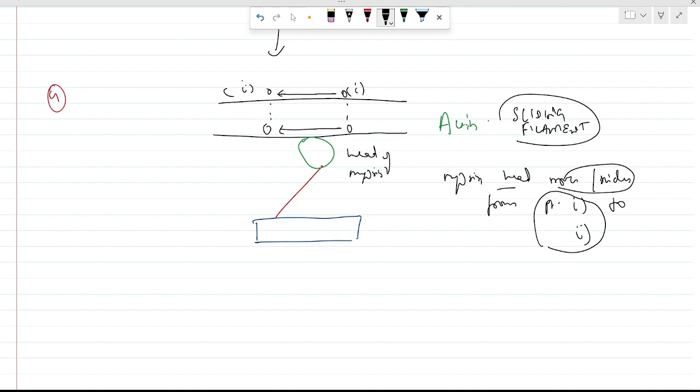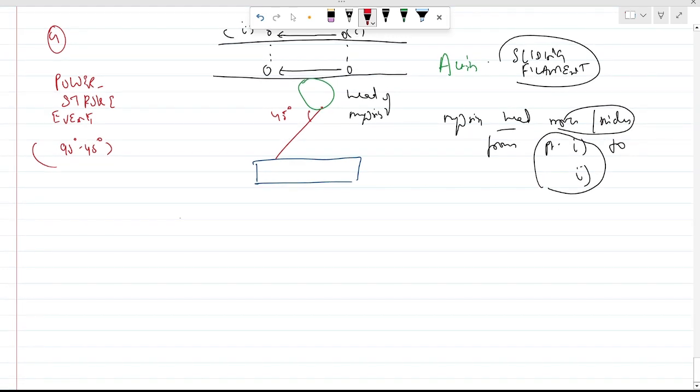This event is given a specific name, remember: power stroke event. Here the angle changes from 90 degrees to 45 degrees. And all of this is called, yes, obviously, our sliding filament theory.